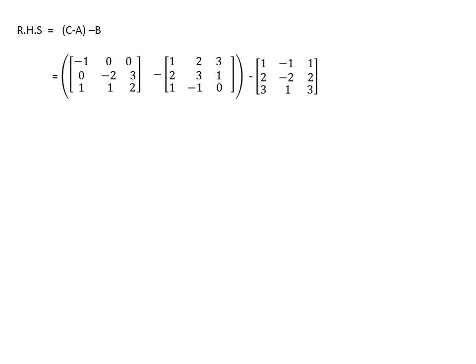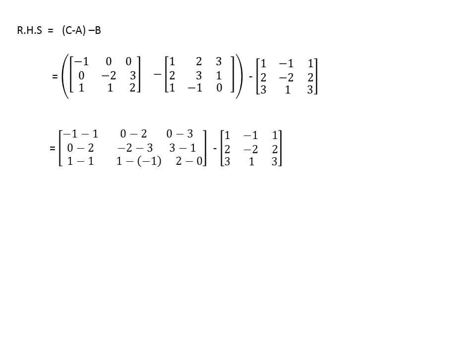When we subtract the corresponding elements of both these matrices, it will give us minus 1 minus 1, 0 minus 2, 0 minus 3. In the second row we will write 0 minus 2, minus 2 minus 3, 3 minus 1. And in the third row we will write 1 minus 1, 1 minus minus 1, 2 minus 0.